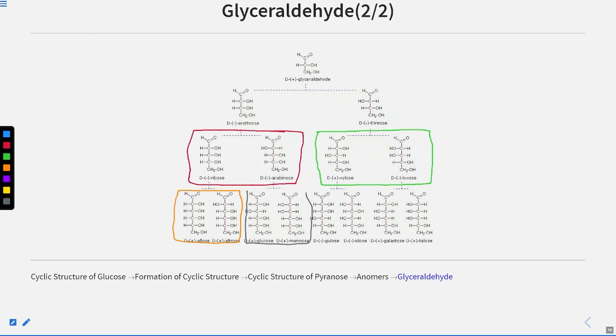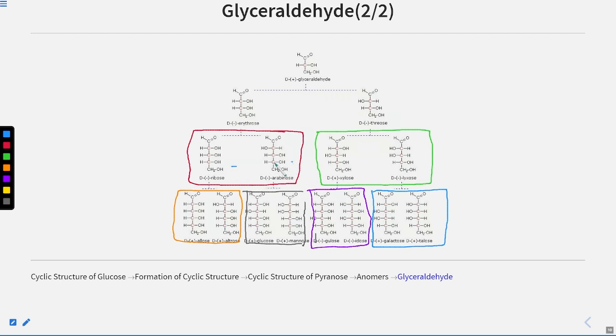Glucose and mannose will give the same osazone. And your glucose and idose, and the galactose and talose. So all these pairs in the boxes will give the same osazone.